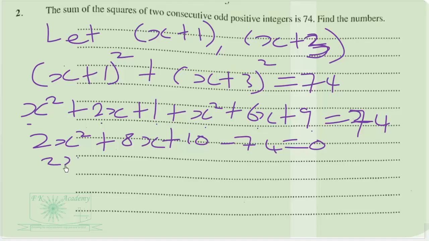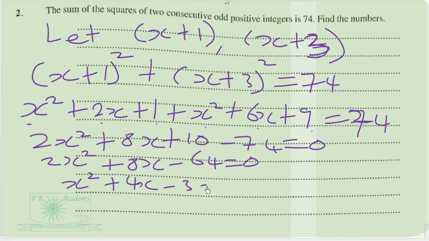So we have 2x squared plus 8x minus 64 is equal to 0. We can divide through by 2 to get x squared plus 4x minus 32 is equal to 0. So 2 factors of negative 32 that when we add we get 4 are 8 and negative 4.